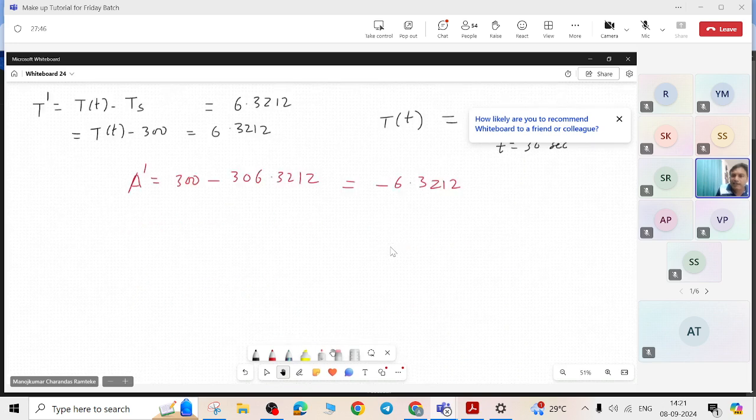The expression in this case, remember, what is happening? Maybe I will plot the input here so that everybody is able to understand. Let me plot T naught. Remember, T naught is the input.